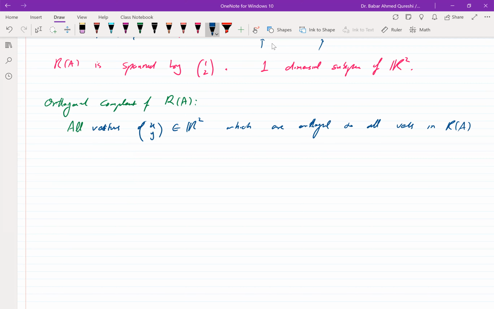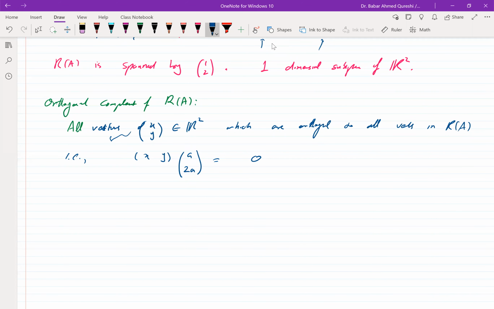So I just write an arbitrary vector and demand that its scalar product with the vectors in my subspace, which are of this kind, is 0. So that's the scalar product.